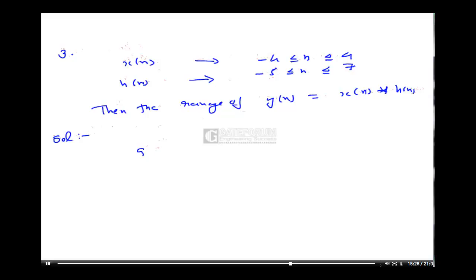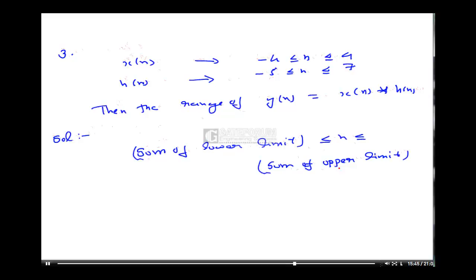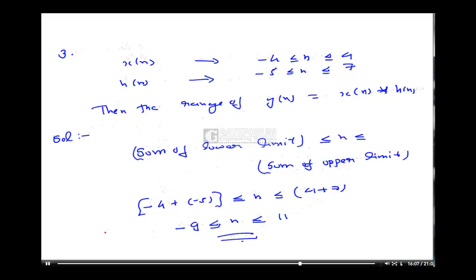Simple. Sum of the lower limits and sum of the upper limits is the range for y[n]. So this will become minus 4 plus minus 5 less than or equal to n less than or equal to 4 plus 7. This will become minus 9 less than or equal to n less than or equal to 11. So this is the range for y[n].